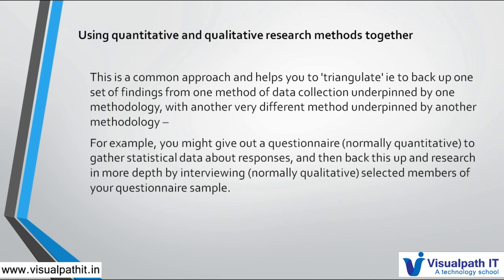For example, you might give out a questionnaire, normally quantitative, to gather statistical data about responses, and then back this up and research in more depth by interviewing, normally qualitative, select members of your questionnaire sample.